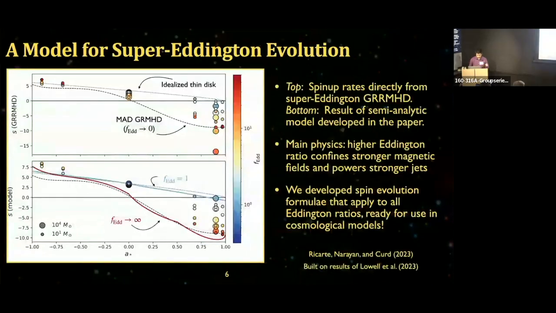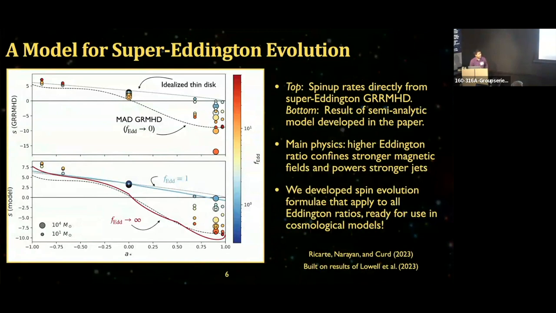So what do we get in this case? Here again is a plot of the spin-up parameter as a function of spin. And now we have another parameter, which is the Eddington ratio, encoded as the colors. On the top, we're calculating the torques directly from the GRMHD simulations.